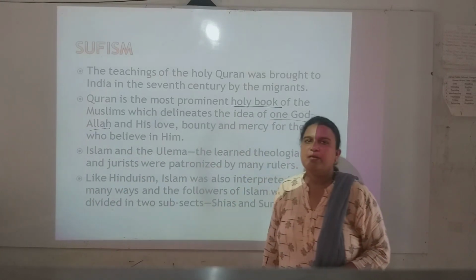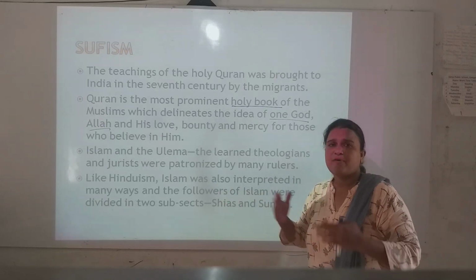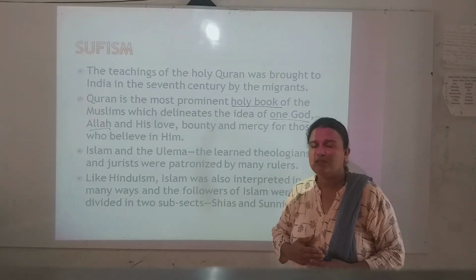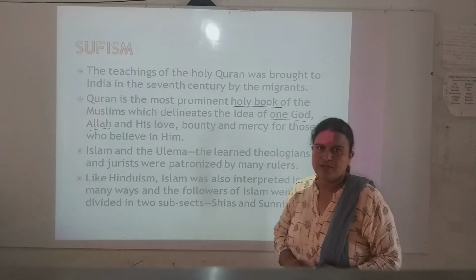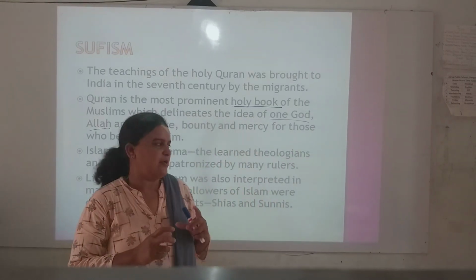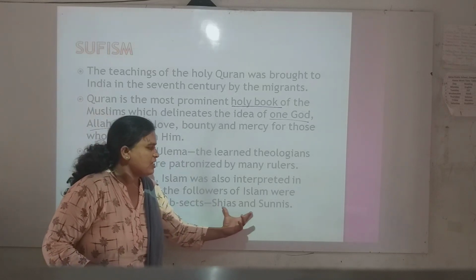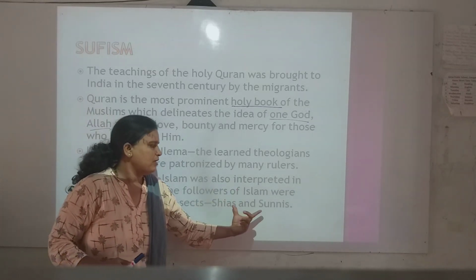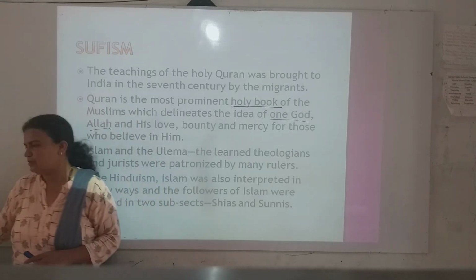Like Hinduism, Islam also was divided. Followers of Islam were divided into two sects, Shias and Sunnis. There were a few differences in the traditions they follow, but both were considered followers of the Islam religion.